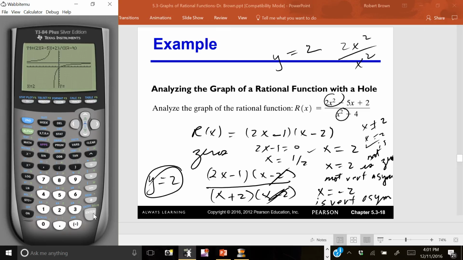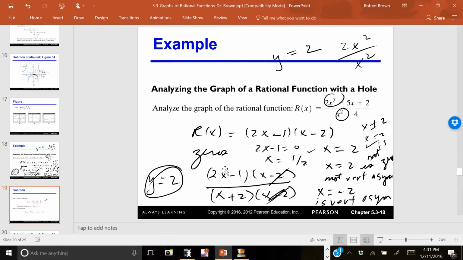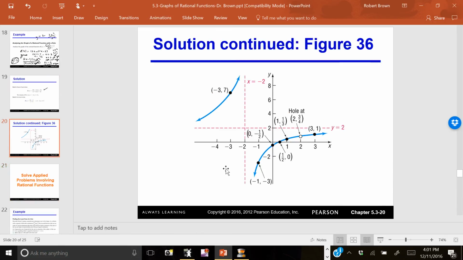So that's where the hole is in the graph. And if you did this by hand, you would actually draw a circle at x equals 2 and y equals 3/4. A circle that's clear, and that means there's a hole in the graph.